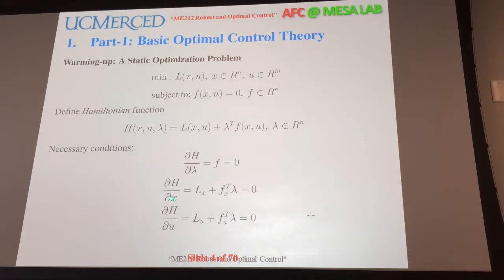Then partial H partial x gives partial L partial x plus partial f partial x times lambda equals 0, because lambda is a parameter, a constant. We don't have any t in here, that's why it's static. All these things are what we have commonly done in multivariable calculus.